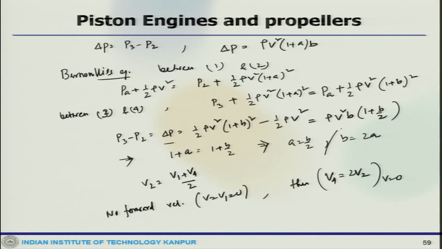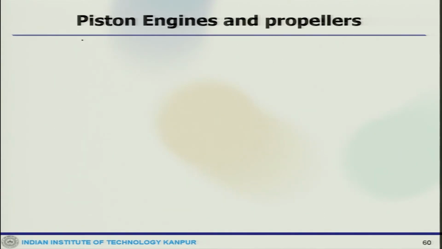So, now going back to that thrust expression, where we have written T, which is rho A V square (1 plus A) 2A, which is rho A V square (1 plus B by 2) B. Now, this equation is a quadratic equation.